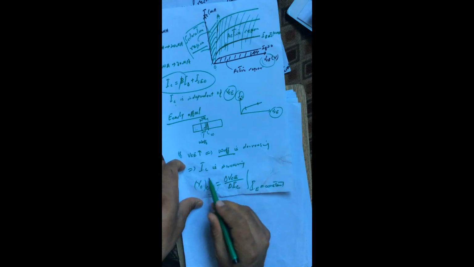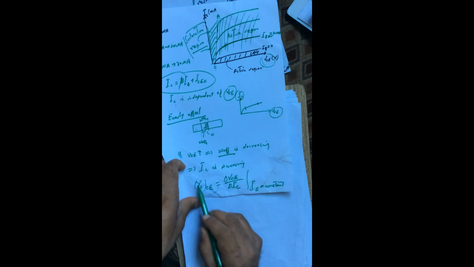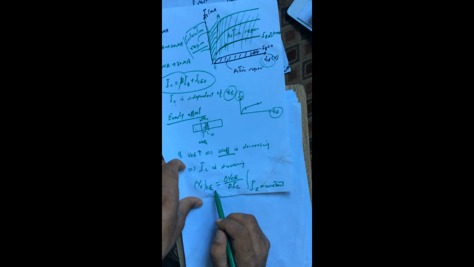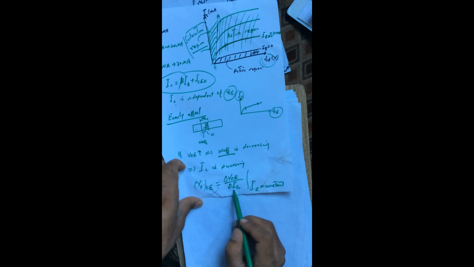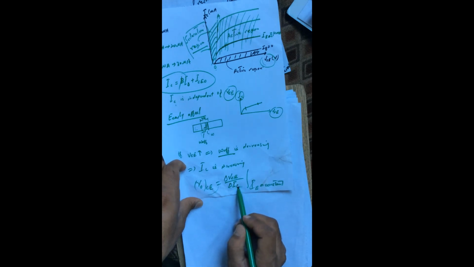Now the relation is given by delta VCE over delta IC, and this value is very small, the reason is very simple: delta IC is small for a large change in VCE.